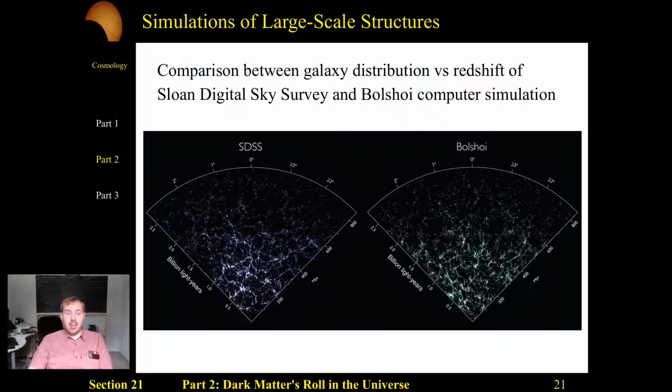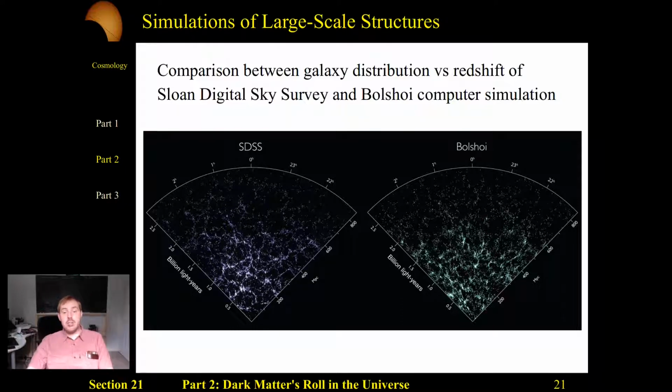So now you're looking at here, this is actual physical data. This is from the Sloan Digital Sky Survey, trying to map out the filaments and the voids in the cosmos. And over here, we have that Bolshoi supercomputer simulations. And you'll notice almost identical patterns.